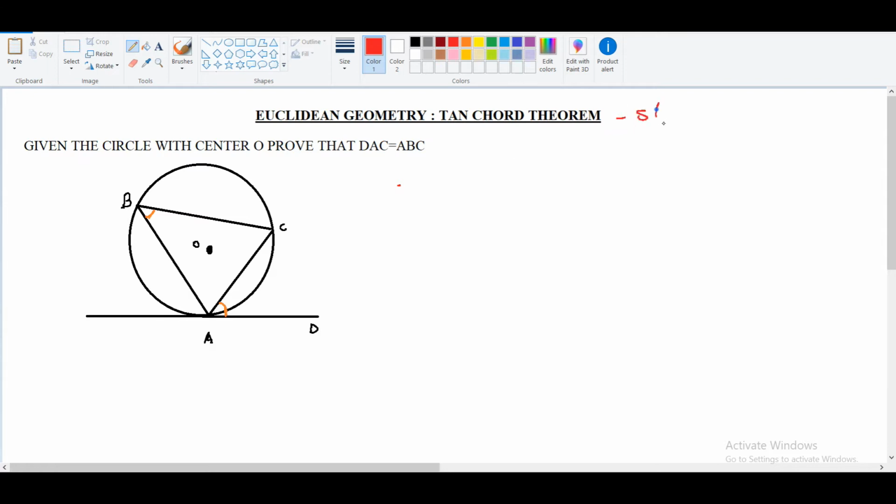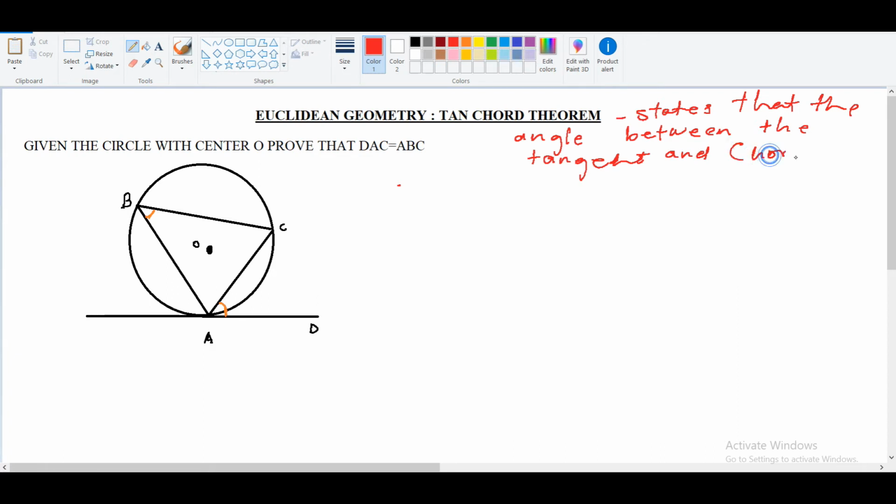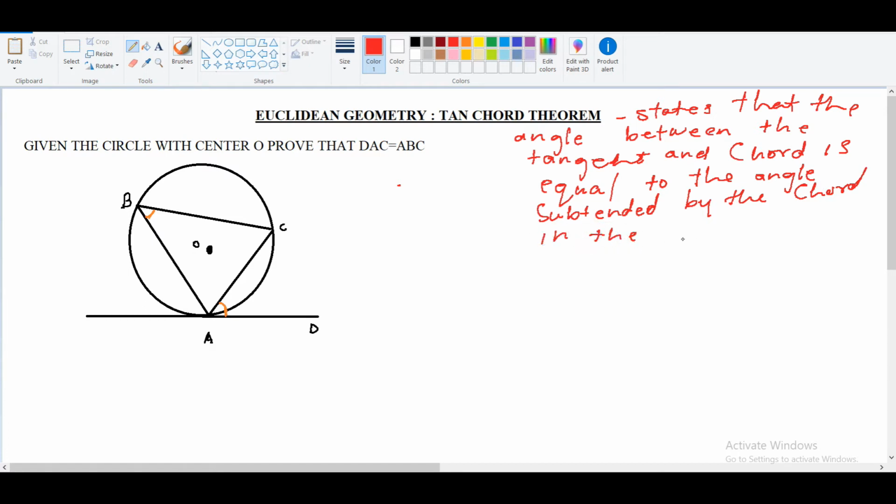Chord theorem states that the angle between the tangent and chord is equal to the angle subtended by the chord in the alternate or opposite segment.